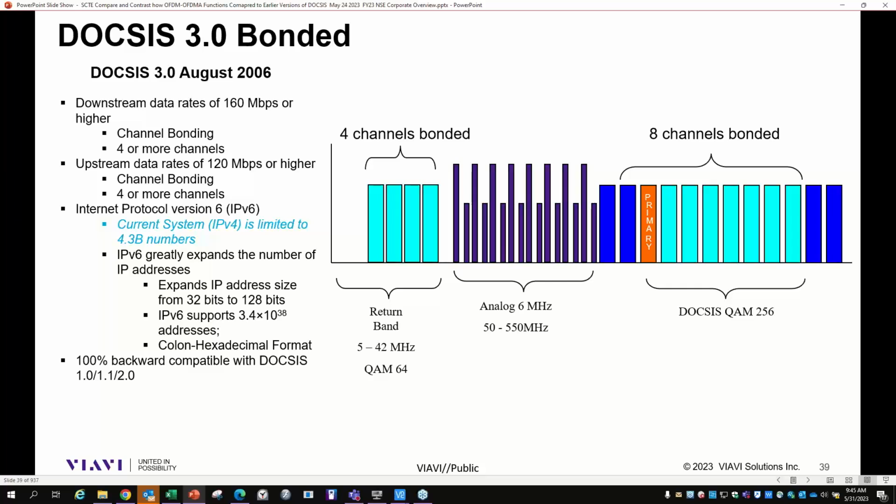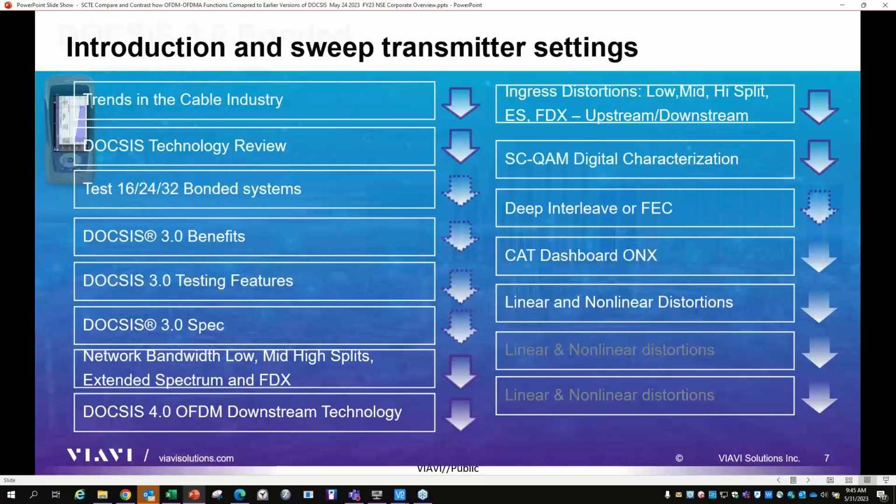Again, it's just a high level view of where we've gone from DOCSIS 1, DOCSIS 2, and DOCSIS 3.0 to where we are now with DOCSIS 3.1, which is interesting because DOCSIS 3.1 is still backwards compatible to all of these different technologies. So when a customer buys a modem, for example, and you look at the information, it has to be backwards compatible to all of these different technologies. So I wanted to make sure I covered just a little bit of where we've been in the past.